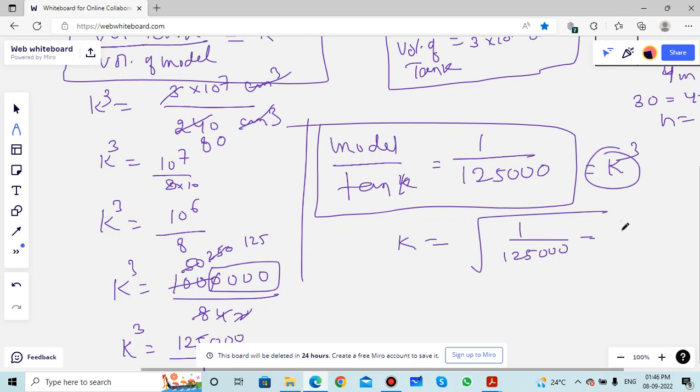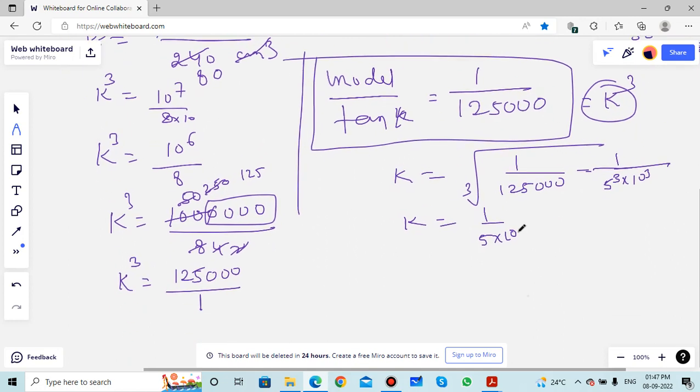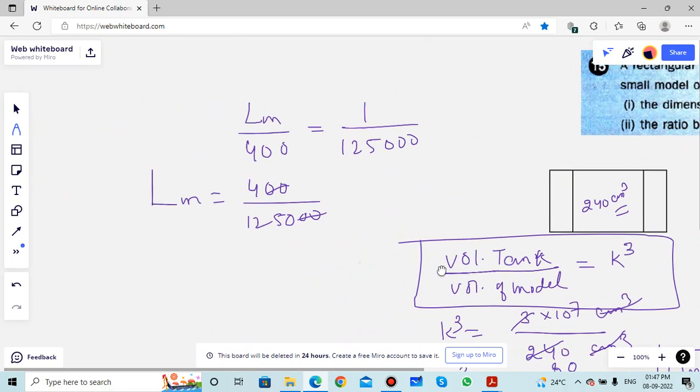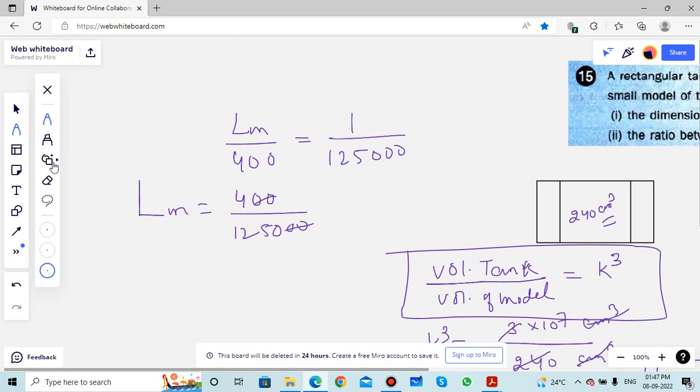So we can write it as 1 upon 5 cube into 10 cube, right? So that becomes k is equal to cube root, right? So 5 will come out and 10 will come out. So k is going to be 1 upon 50. Okay, so we have to use 1 upon 50 here, not this much. So this is why it went wrong.